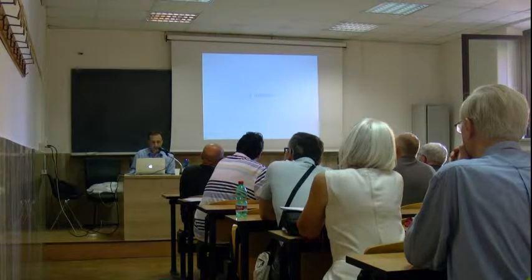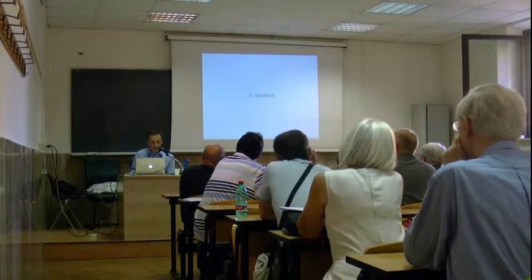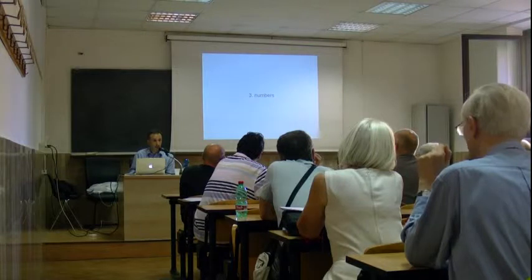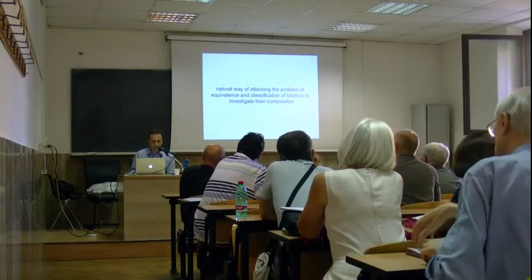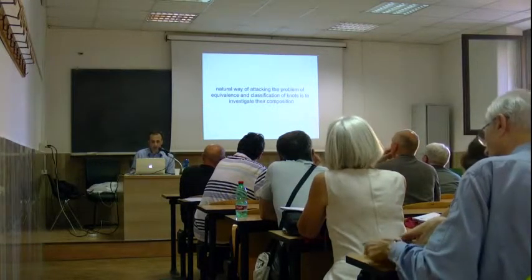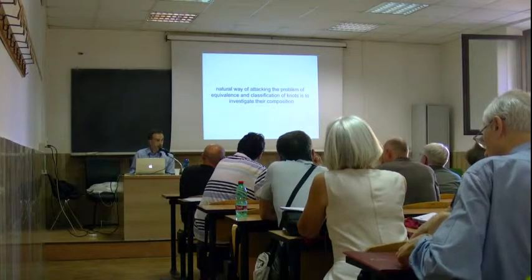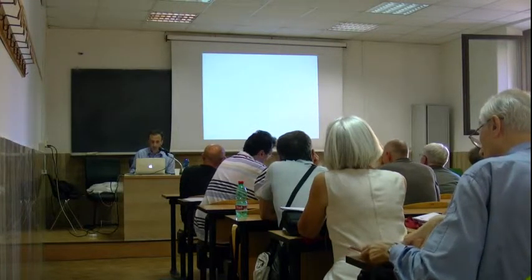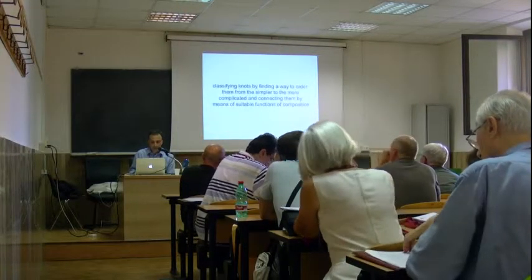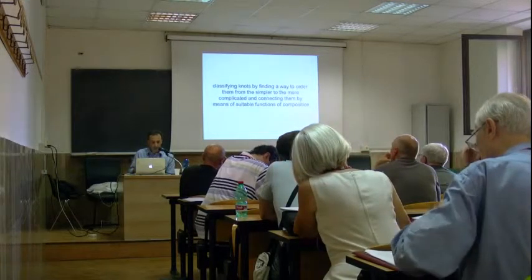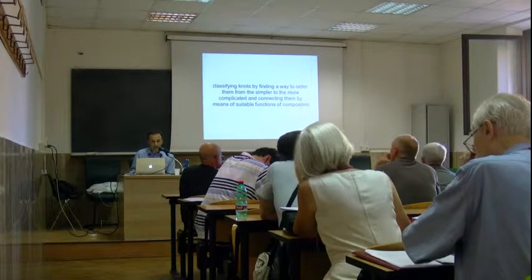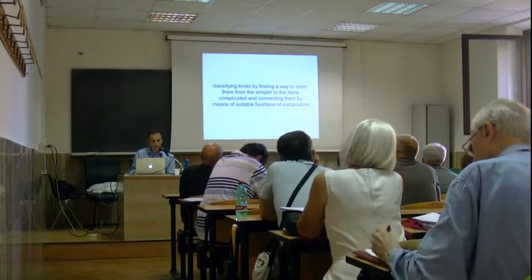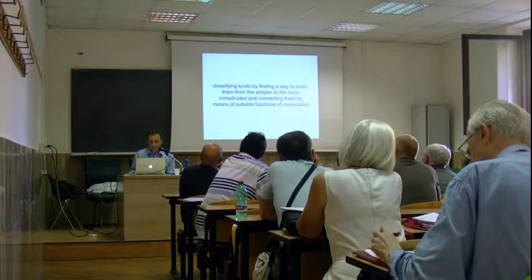And the third approach to this problem is the one based on numbers. I mean, we can observe that a natural way of attacking the problem of equivalence and classification of knots is to investigate their inner composition. So classifying knots by finding a way to order them from the simpler to the more complicated and connect them by means of a suitable functional composition.